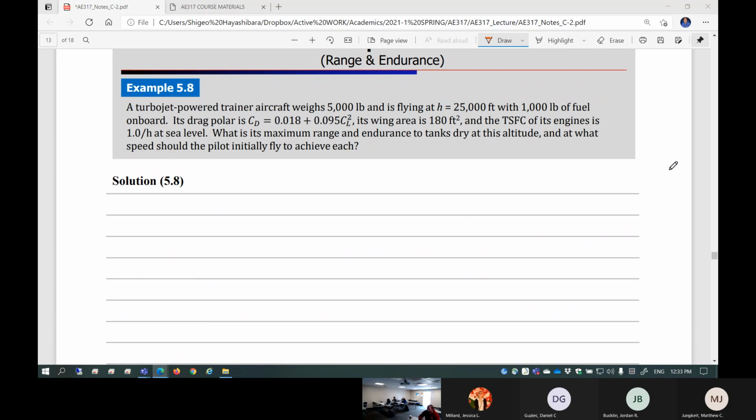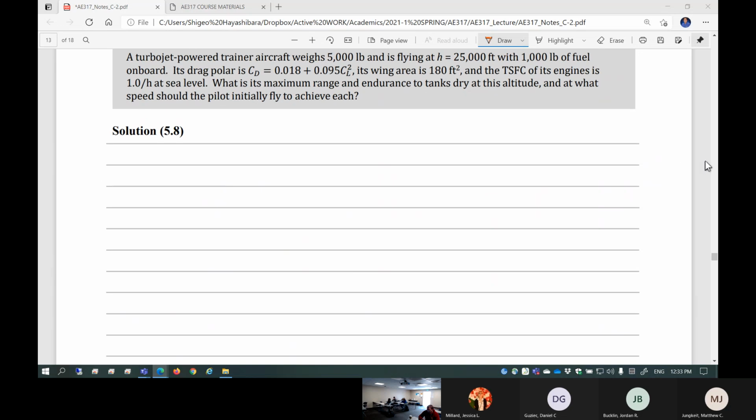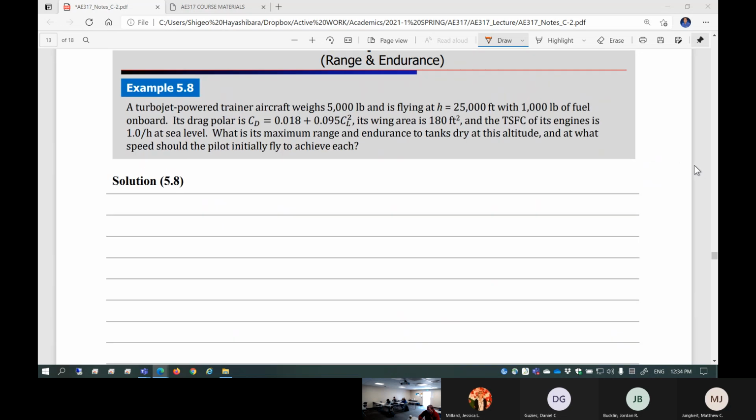Its drag polar is CD equals CD0 plus K times CL squared. Its wing area is given, and the TSFC of its engine is 1 per hour at sea level. What is its maximum range and endurance to tanks dry? That means you use up all the 1,000 pounds of fuel at this altitude, 25,000 feet.